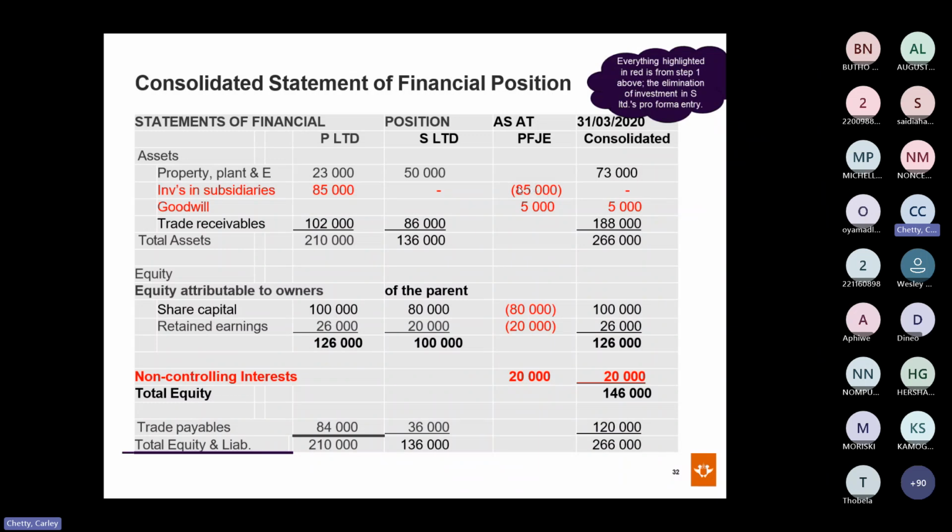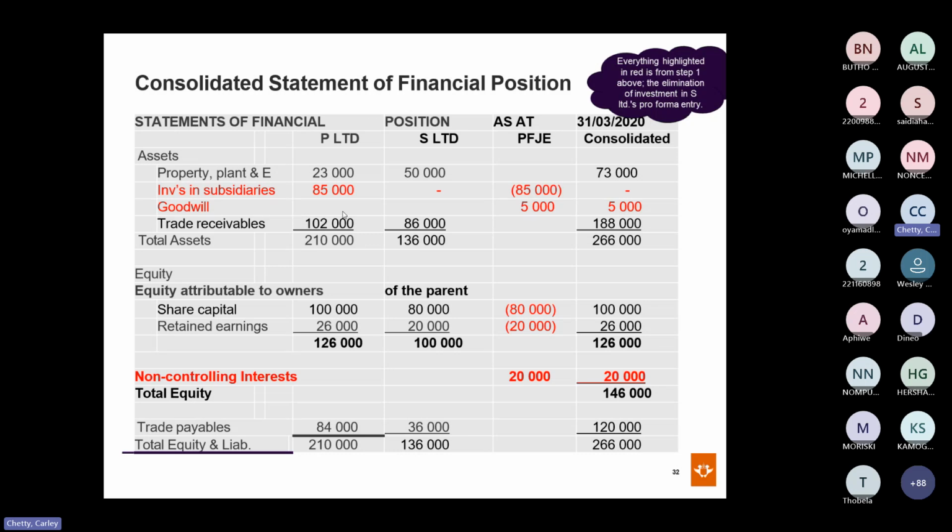We eliminated this amount on consolidation. So we are going to say 85,000 Rand in P, which is an investment. S has nothing, minus 85,000. That will give us a total investment in the consolidated financial statements of 0.